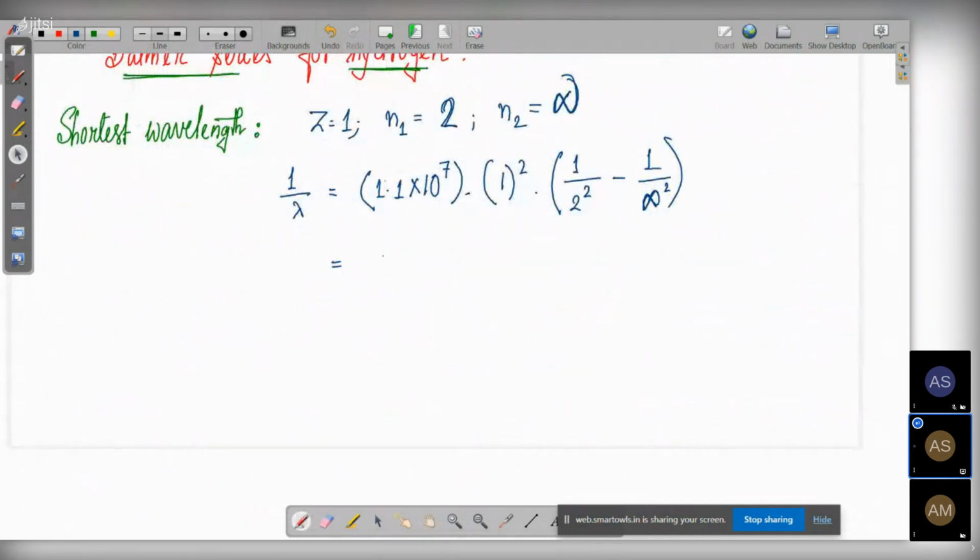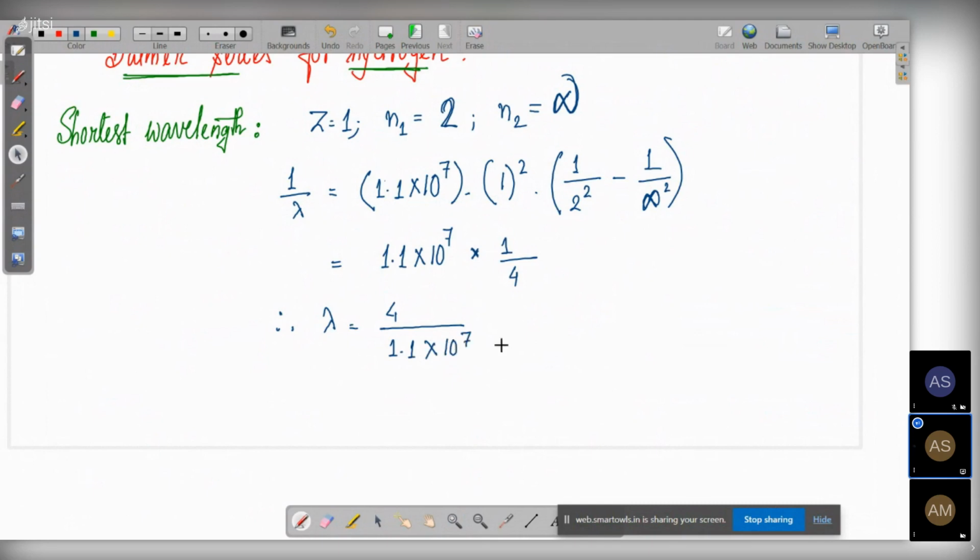That's why this becomes 1.1 into 10 to the power of 7 into 1 by 4. So therefore, lambda equal to 4 by 1.1 into 10 to the power of 7.